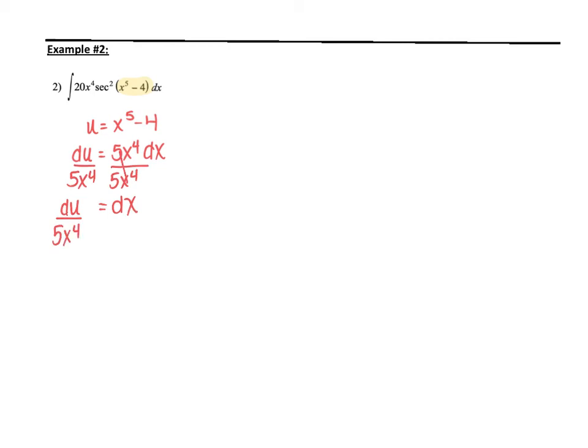Now we're going to go ahead and put the u and the dx back into our equation. So we have 20x to the 4th times secant squared of u, and then my dx is now du over 5x to the 4th. And we're going to simplify and integrate.